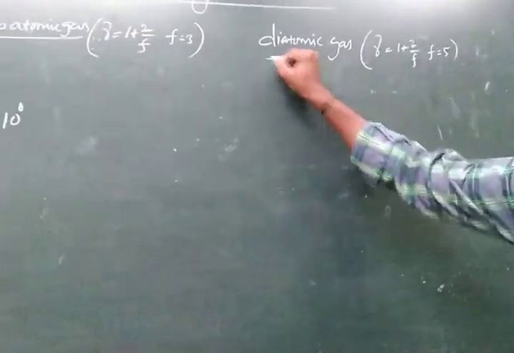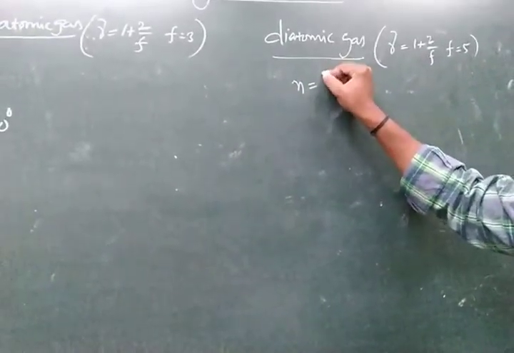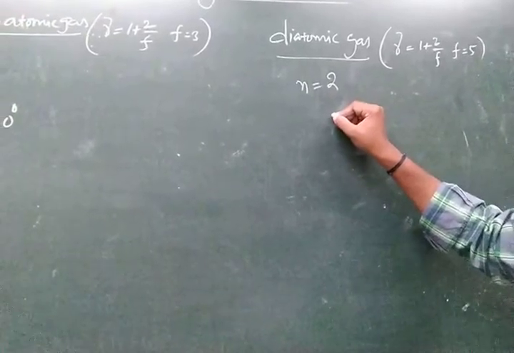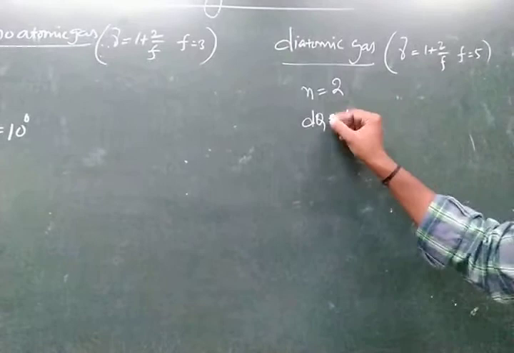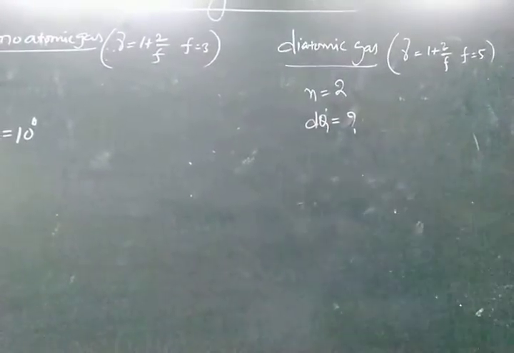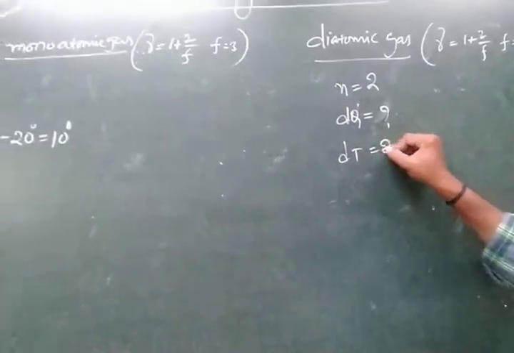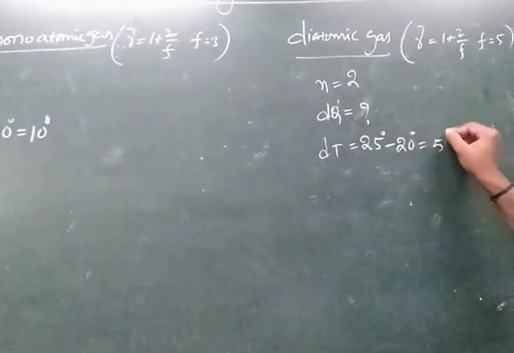Actually, the number of moles is given, it is 2. The amount of heat required, the quantity of heat required, we can measure, that is the question. Next, the temperature is given, that is 25 minus 20, which is 5 degrees.